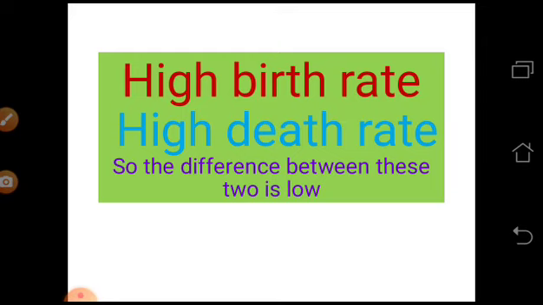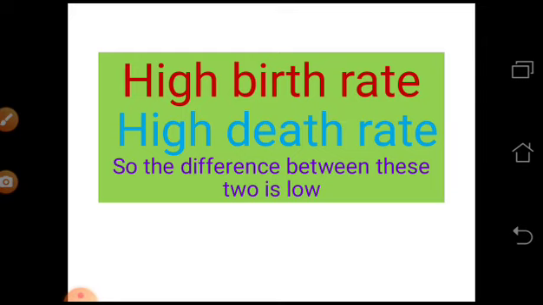So what is the characteristic of the first stage? That is high birth rate, high death rate. So both the factors are high here, birth is also high and the death is also high. So the difference between these two is low. If birth is 10, death is 10, that means it will come equal, isn't it?